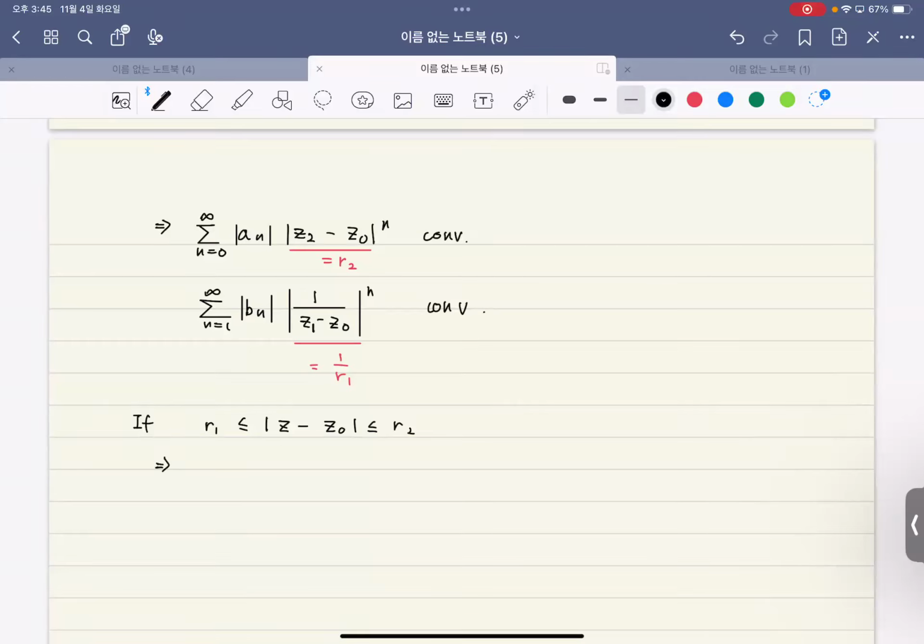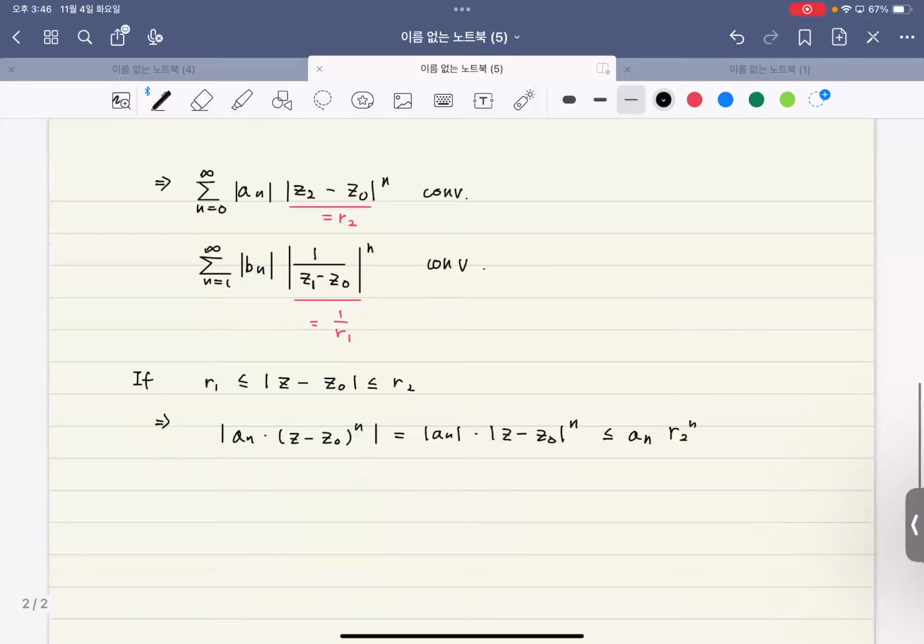Then an times (Z minus Z0) to the nth power is, since this number is less than R2, bounded by R2 to the power of n.